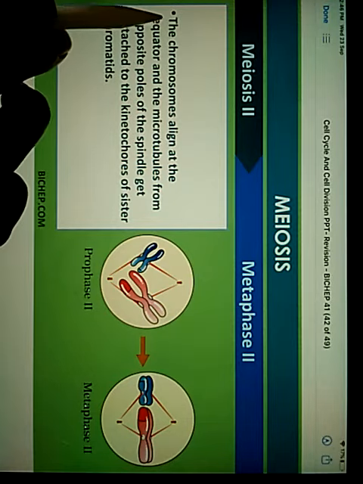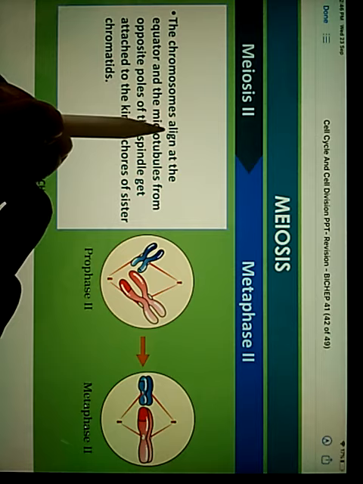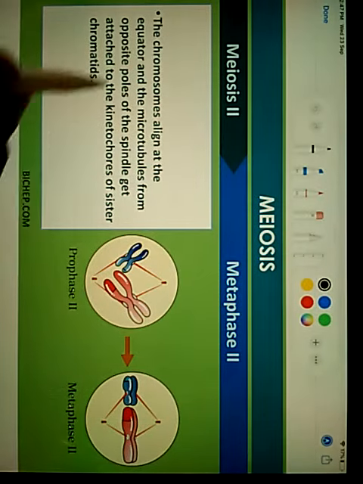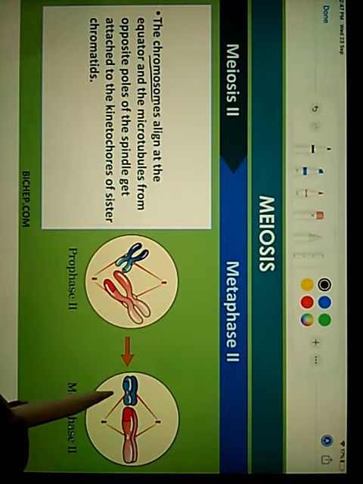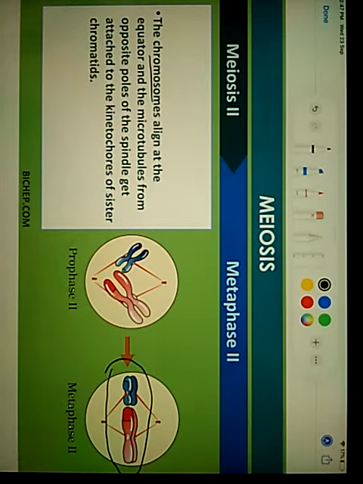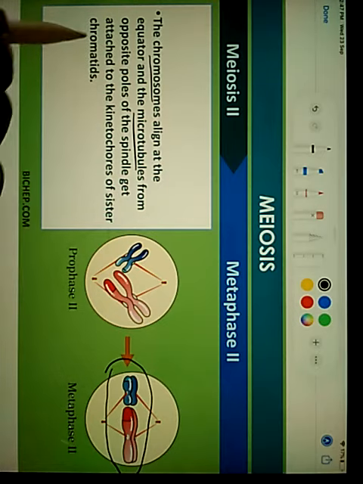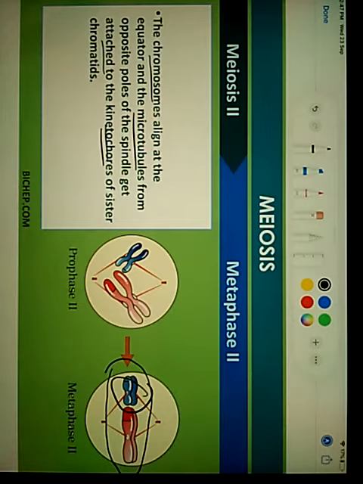If you see here, the chromosomes align at the equator similarly. Microtubules, that is spindle fibers from opposite poles, get attached to the kinetochores of sister chromatids on both sides, similar to the case seen in the metaphase of mitosis.